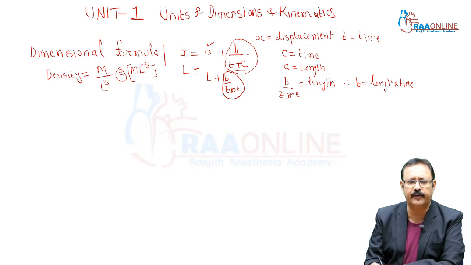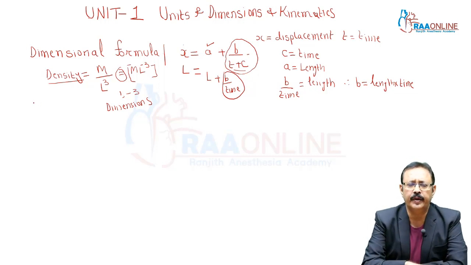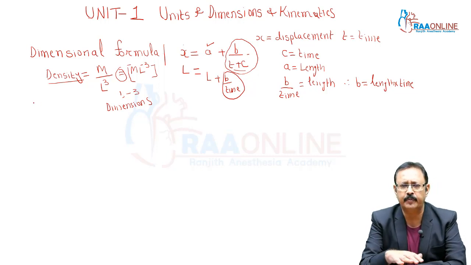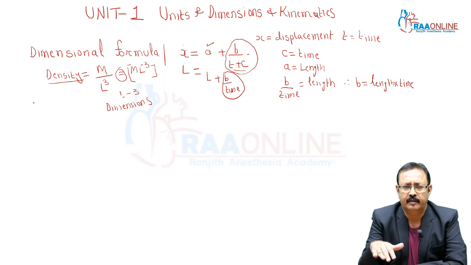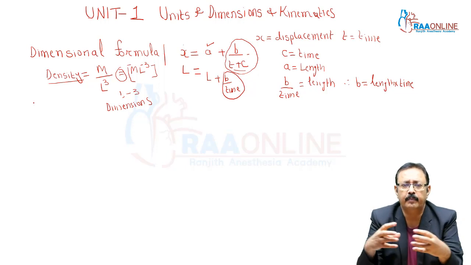In this form, it is the equation of density. And the powers 1 and minus 3 are dimensions. What are they? Dimensions of mass and length in the formula of density. So in units, these types of uses are there. When we solve problems, you will see how we can apply this.